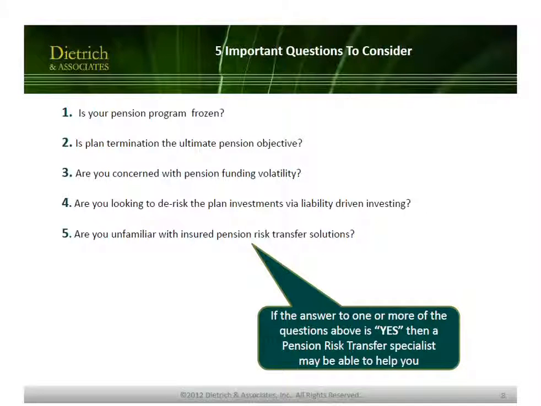We are not investment advisors. We don't do asset allocation work. We are not actuaries. We don't value liabilities. So, we're very ready, willing, and able to interject our expertise along with yours to help clients think about these solutions and figure out if and when they can add value to how they're trying to manage their pension program.